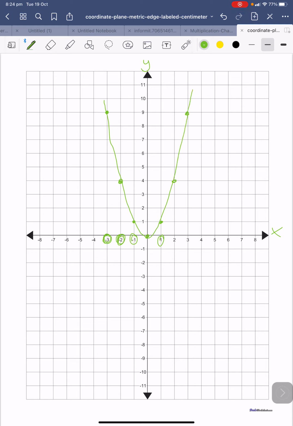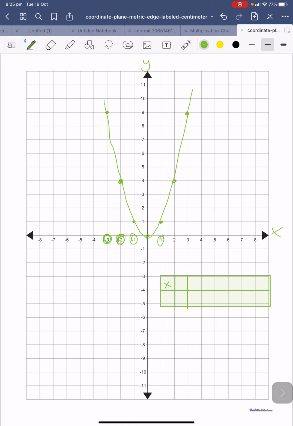I hope this helps you see, and if you get stuck, here's my suggestion. If you're finding it a bit overwhelming, what has been really helpful, and what I've seen you all do very successfully, is creating a table of values. That helps you keep track of the x and the y values so you can plot it nicely.